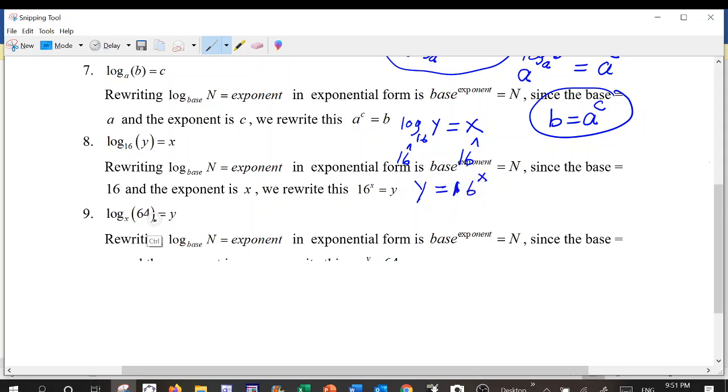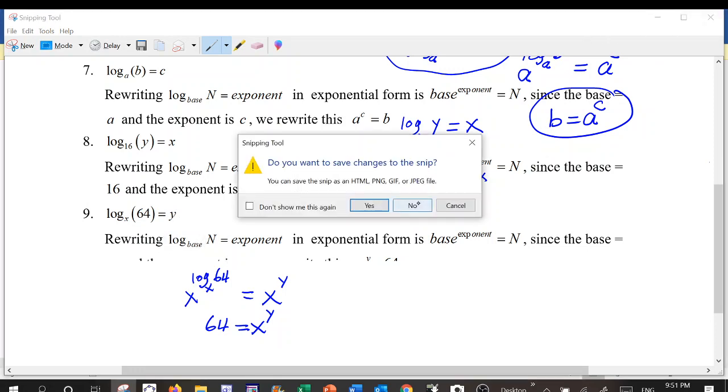But what about this one? Well, here the base is x, right? So I'm going to do x to the power of log base x of 64 equals x to the power of y. X to the left side, x to the right side. Now, since the bases are the same, this cancels, so we get 64 equals x to the y, right? X to the y power is 64.